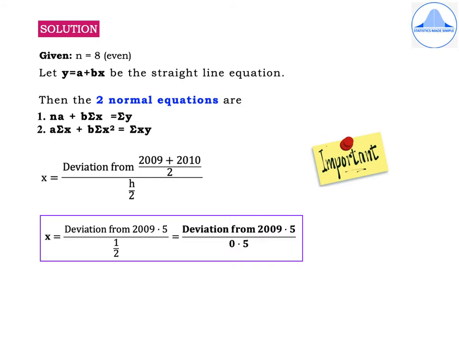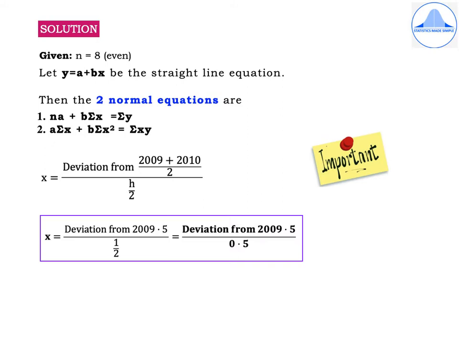And since n is even, x is calculated using the formula deviation from the arithmetic mean of the two middlemost years. So in the table, the two middlemost years are 2009 and 2010, and we need to find out the arithmetic mean of those two.